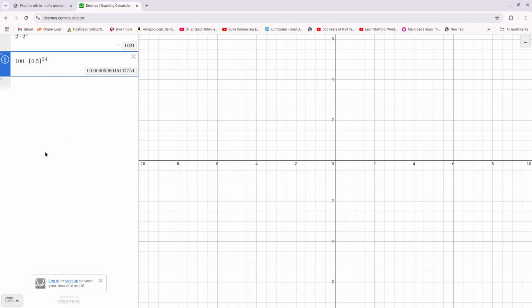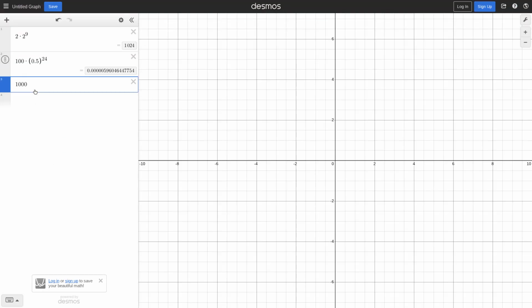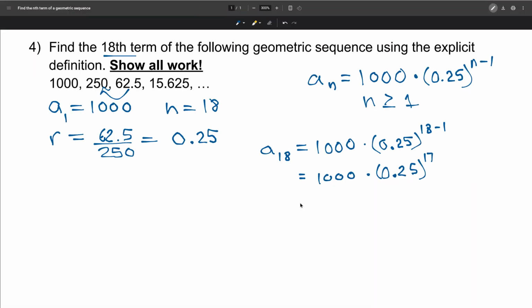All right, so let's do that. We've got 1,000 times 0.25 to the 17th power. We get 5.821 times 10 to the negative 8th power, that's in scientific notation there.